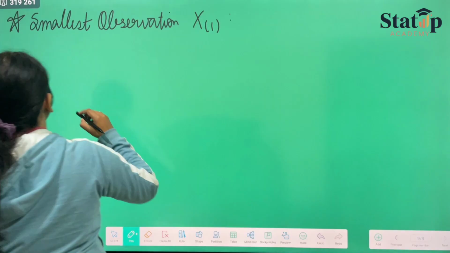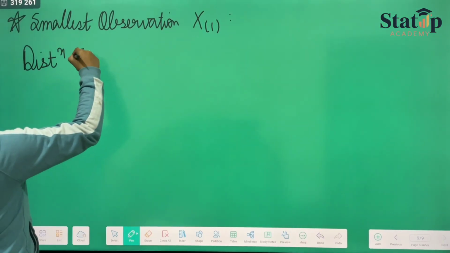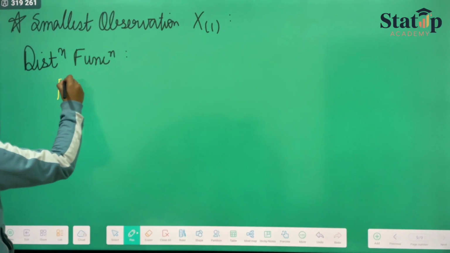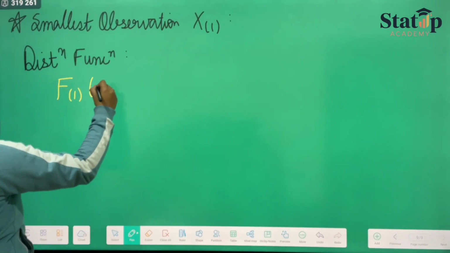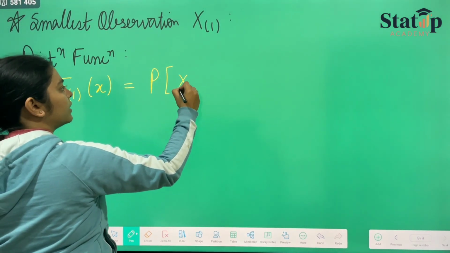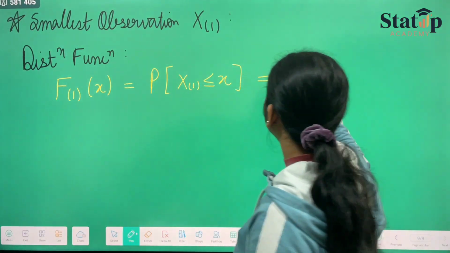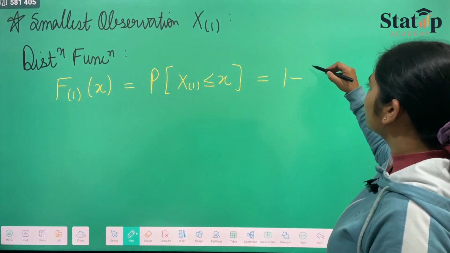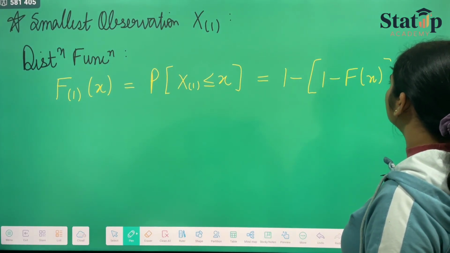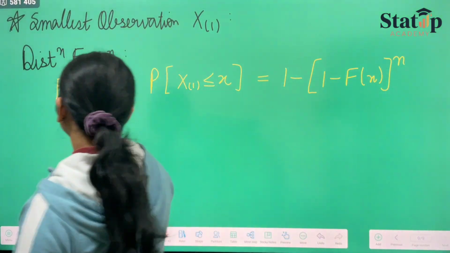If we talk about the distribution function of the smallest observation, it will be denoted by capital F1(x), which is equal to the probability that X1 is less than or equal to x, which can also be written as 1 minus Fx whole raised to the power n. This is our distribution function for the smallest observation.